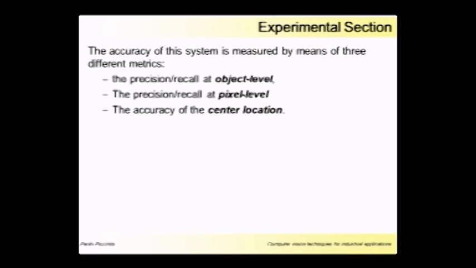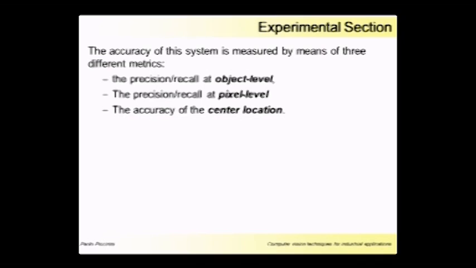Finally, we have to evaluate this system, and in order to do that, we chose three different metrics: precision and recall at the object level, precision and recall at the pixel level, and accuracy of the center location. The first metric accounts for how many correct objects are detected in the current image, while the second metric considers a pixel-by-pixel segmentation, comparing the computed segmentation with a manually prefixed ground truth.